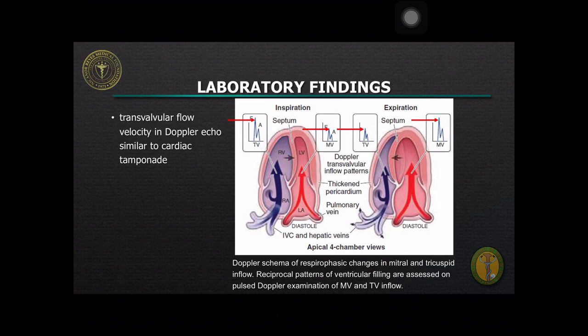The opposite occurs during expiration. Diastolic flow velocity in the inferior vena cava into the RA and across the tricuspid valve increases in an exaggerated manner during inspiration and declines during expiration.